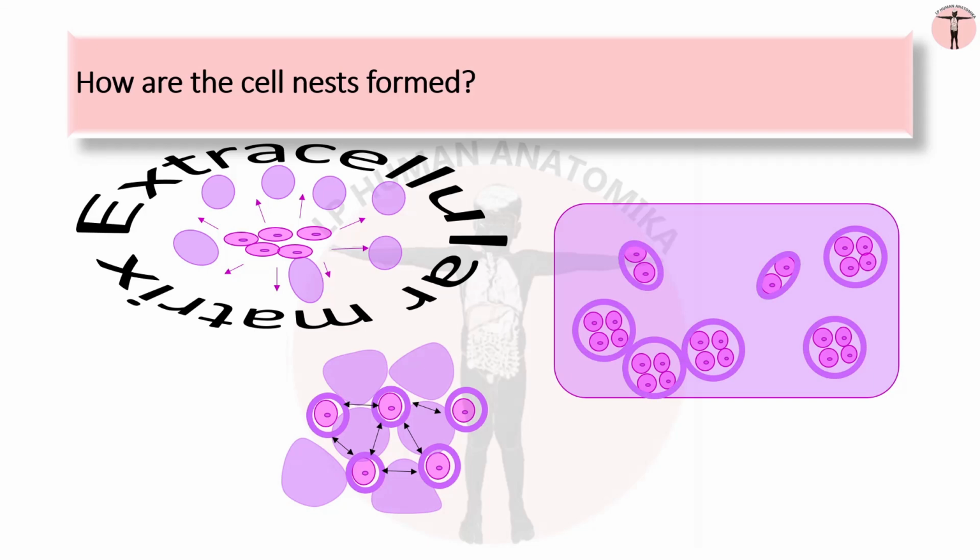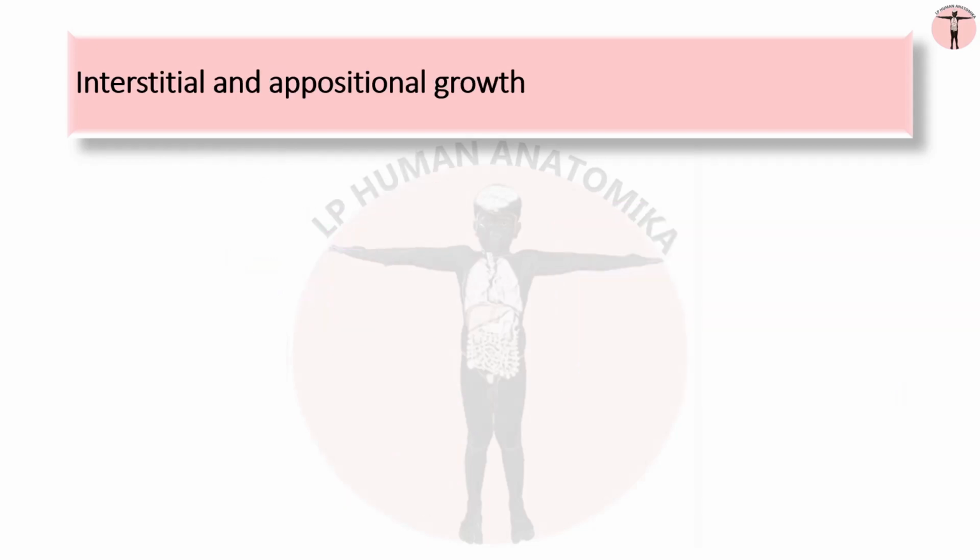Because of its smooth lubricated surface and resiliency, cartilage provides shock absorbing and sliding regions within the joints and facilitates bone movements. Growth in bones occurs in two ways, either longitudinally, which increases the length, or an increase in the width of bone.